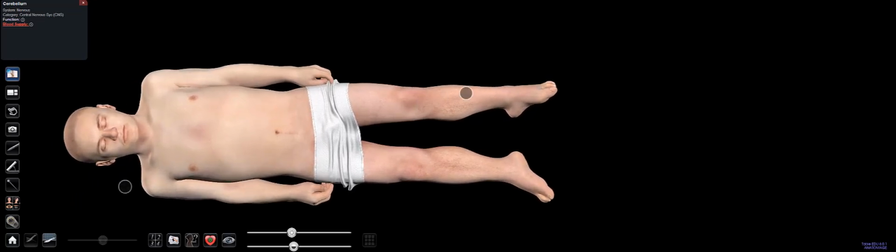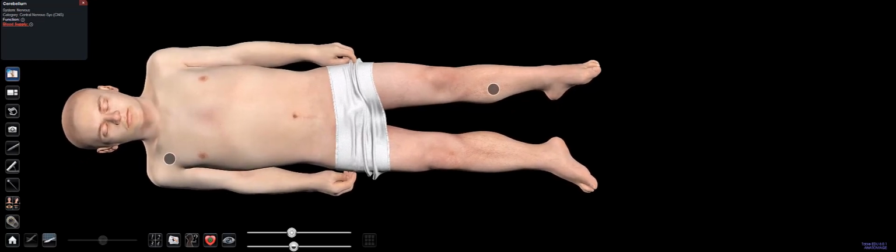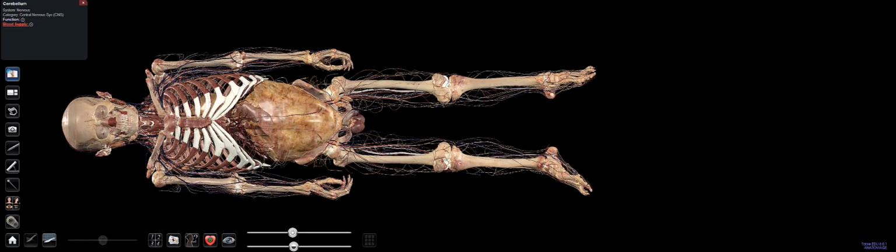There we go. Stretch him out, make him bigger. Okay. There we go. We're back to the general body position. Back down to nerves, blood vessels, and the gut organs.